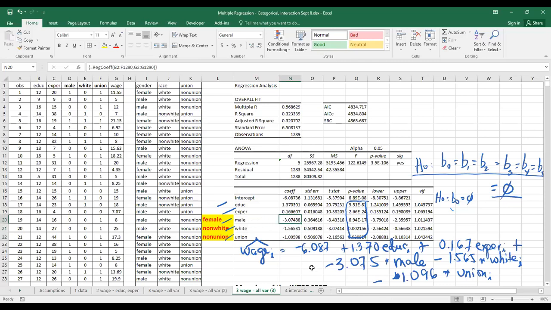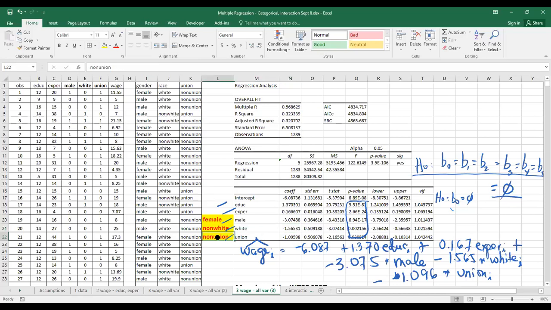Ano interpretation itong negative 3.07488? Okay. Si female daw, kasi female nga tong variable natin dito, no? Females tend to receive on the average $3.07 of hourly wage less compared to their male counterparts. Yung mga non-whites daw tend to receive $1.56 less compared to their white counterparts, ceteris paribus.